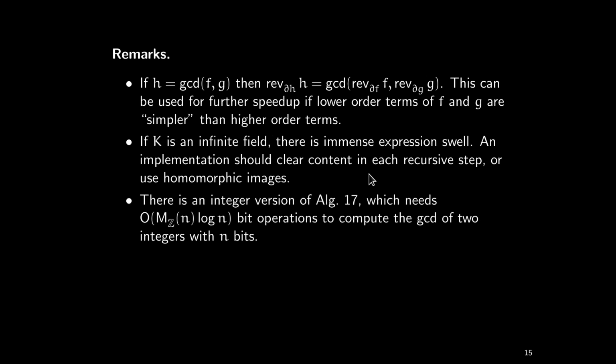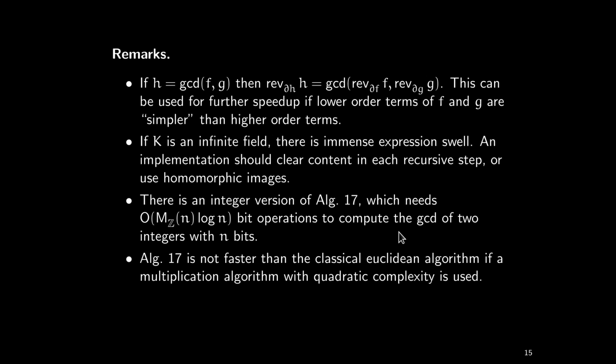And finally, there's also an integer version of this algorithm. This integer version is an algorithm that computes the GCD of two integers with n digits. And the complexity of this algorithm is also multiplication time times log, where here the multiplication time is, of course, the integer multiplication time, the time that you need to compute the product of two integers with n digits.